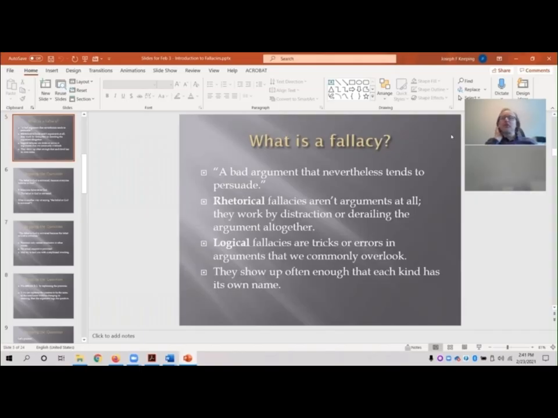A third advantage to learning about fallacies, of course, is so that you don't commit these particular argument errors yourself. Because like I said, these are common mistakes or tricks.